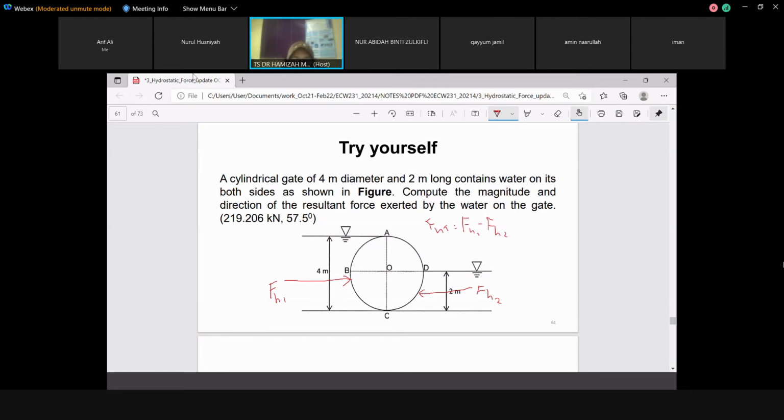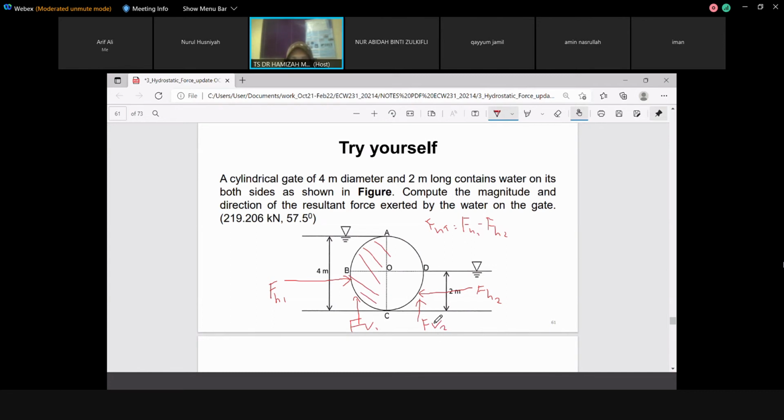Okay, for vertical forces, dia sama arah, which is the weight. So this is the FV1, this is FV2. Follow the step that you learned just now. You can find the volume. Volume untuk FV1 adalah this semicircle.